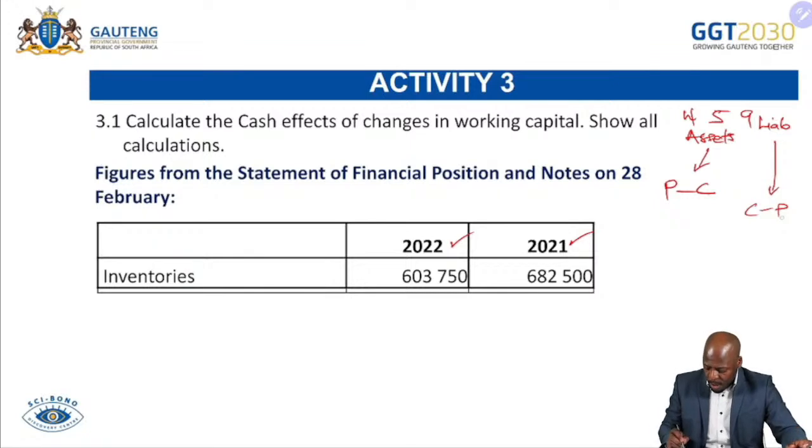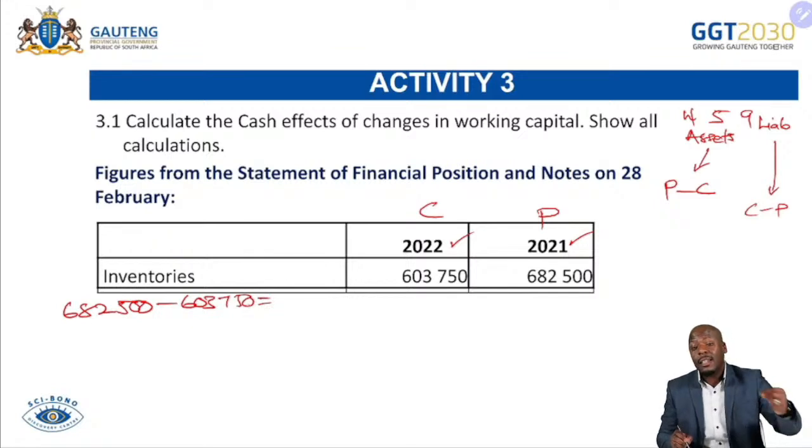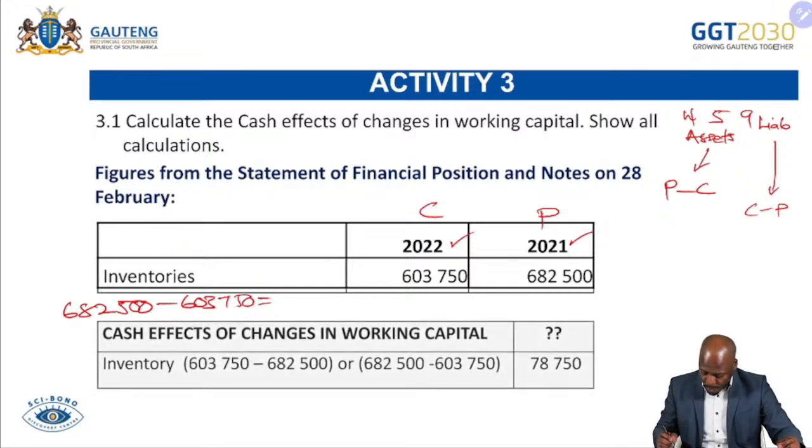In other words, if I was looking at this, I would say 2021 is my previous, 2022 is my current. And because it is an asset, I'm going to say previous, so I'm going to say 682,500 minus 603,750. Whatever sign comes on my calculator, that becomes the answer. So this is how it would appear.